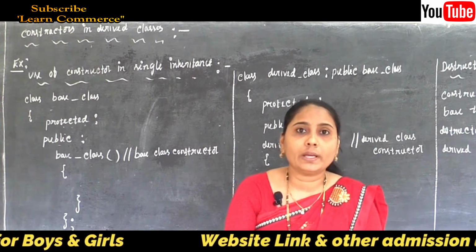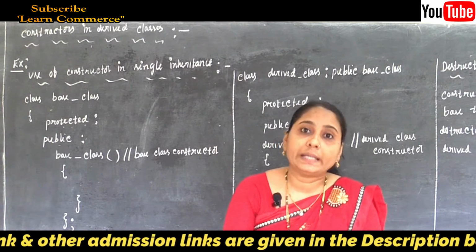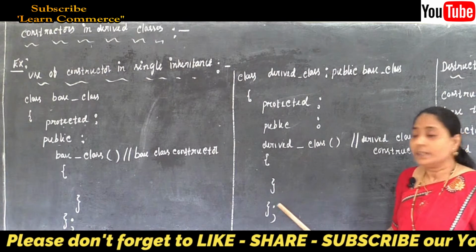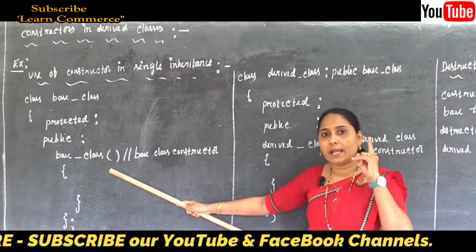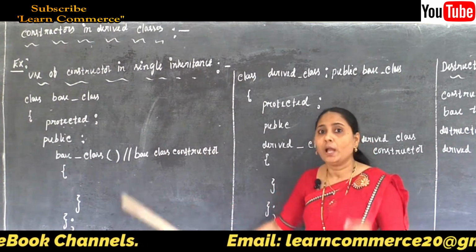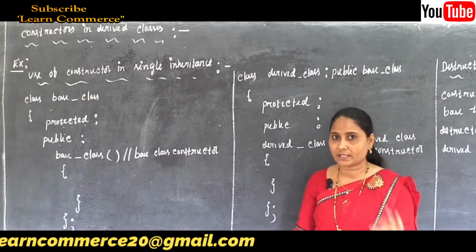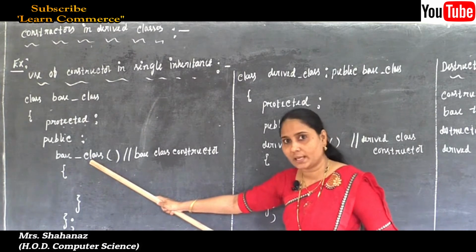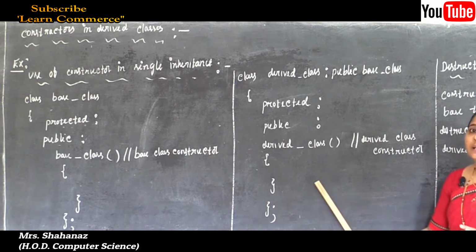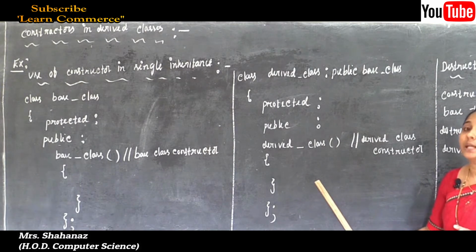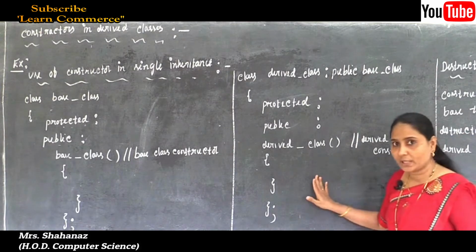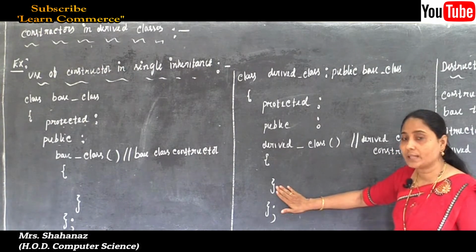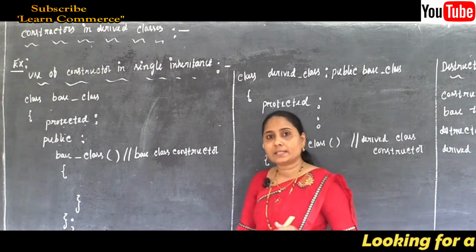And finally we can say that when both the derived class and the base class contain a constructor function, then the base class constructor is executed first. First of all we need the constructor function in the base class. If you have a constructor function in the base class, then we construct a constructor function in the derived class also, and it is compulsory for the derived class to create the object and pass arguments to the base class constructors.